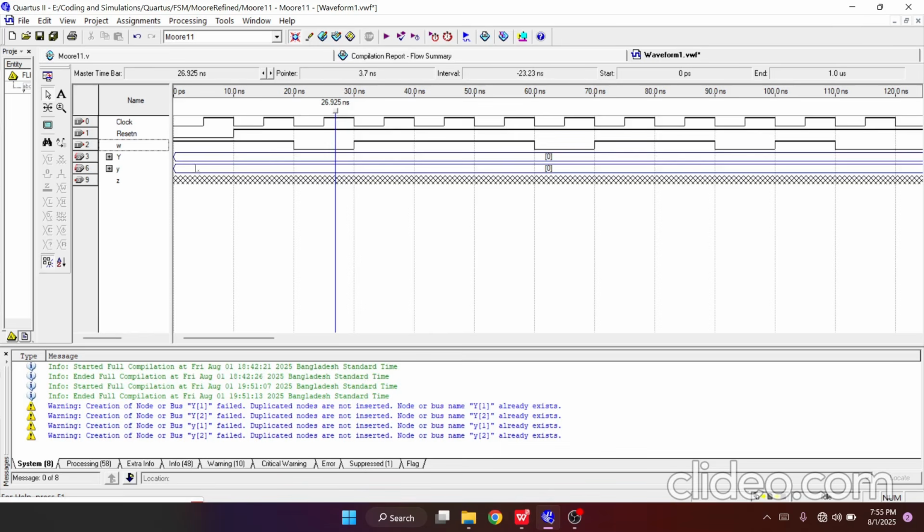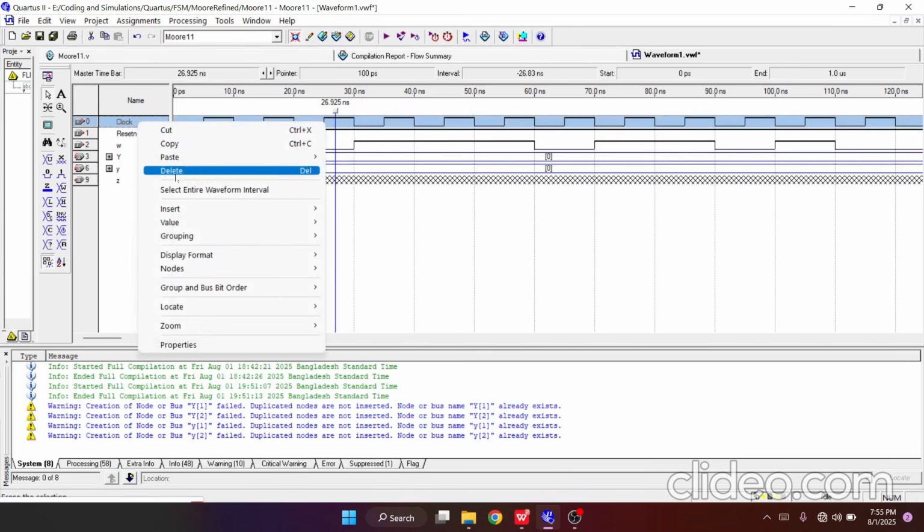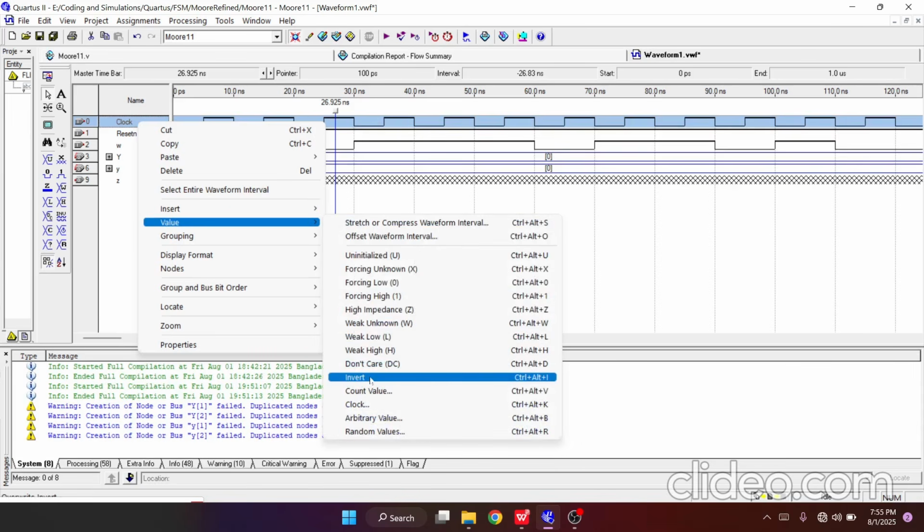So now if you simulate using this setup without any kind of inversion in the clock or without any kind of offset, which I am going to give a while later, you will basically just see some kind of input as outputs that will seem confusing. So there will have to be some changes made to the input signals. First you need to invert the clock. Go to value and then invert.